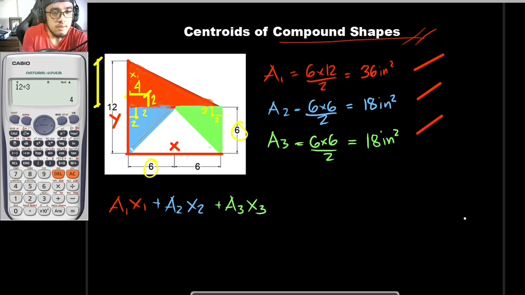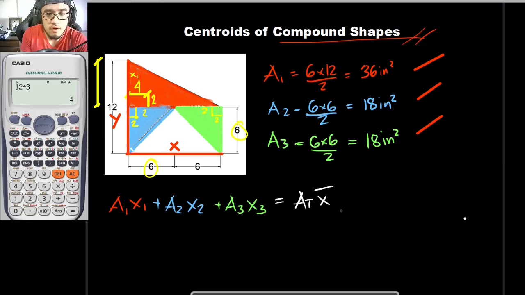And this should be equal to the total area times x bar. This x bar is the location of the centroid of this compound section along the x-axis.